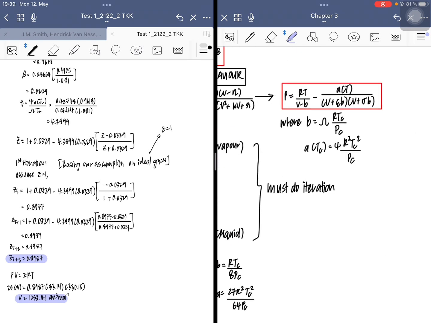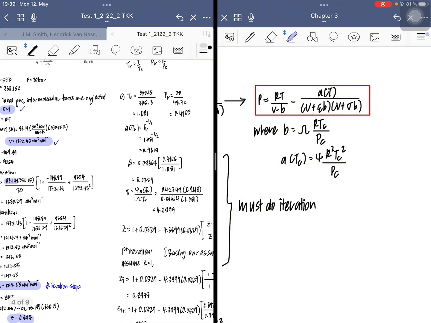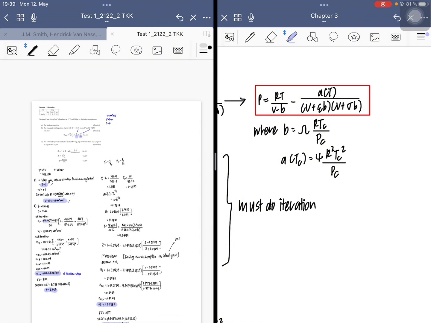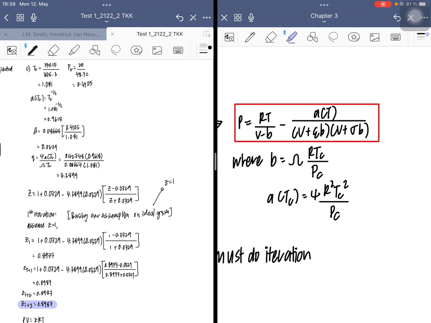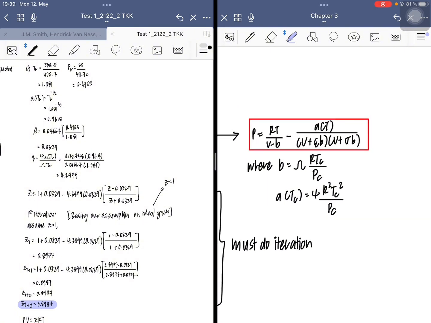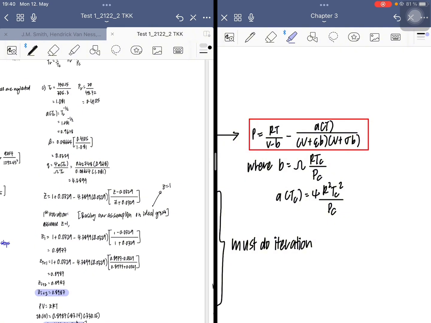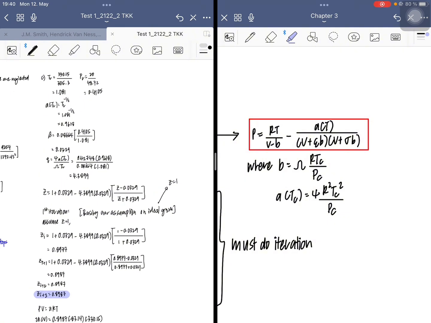But sometimes when the question does not give Z first, we need to find V first. So this is the equation for V: P equals RT over (V minus b) minus a(T) over (V plus epsilon b)(V plus sigma b), whatever. So what value of V do we assume here? It's pretty tricky, but it's actually not that hard, since we're basing our assumption on ideal gases. So we can just use PV equals ZRT.